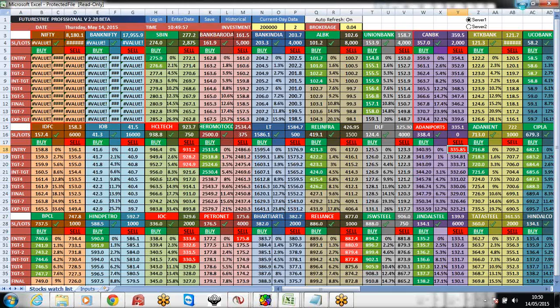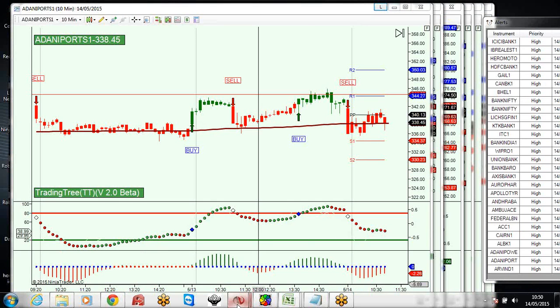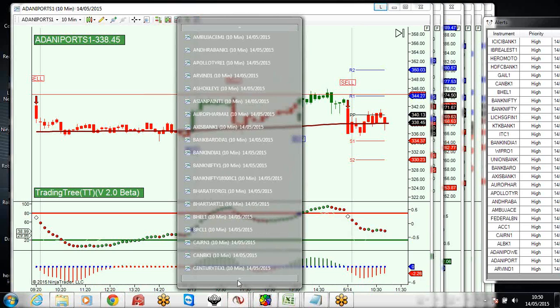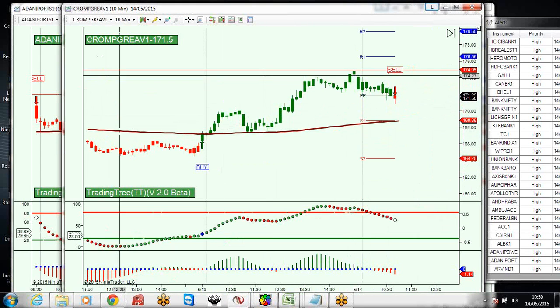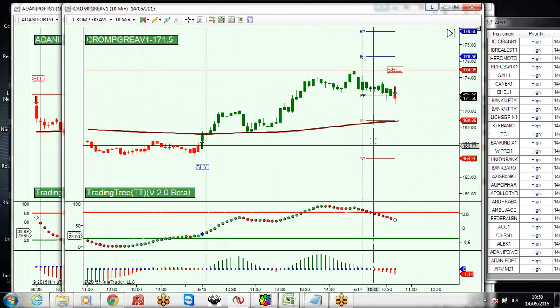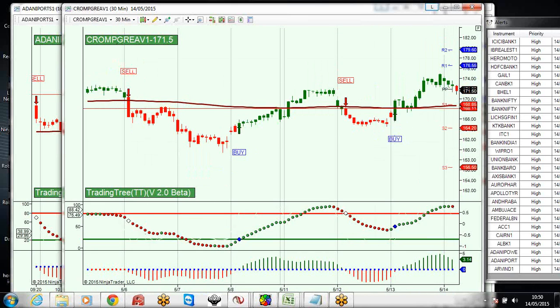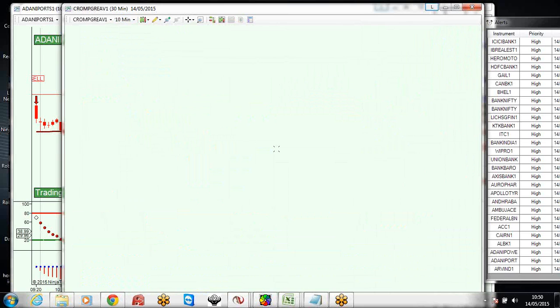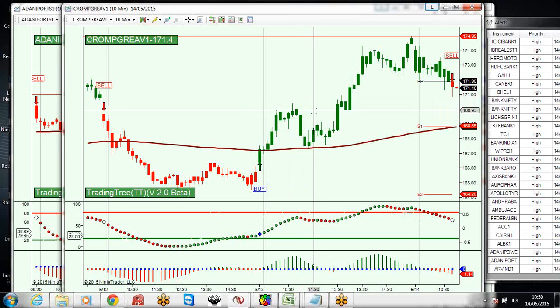There is a sell call in CROMPGR PAB1. So we will not take this call. You can short it here in case you want, 169.90.